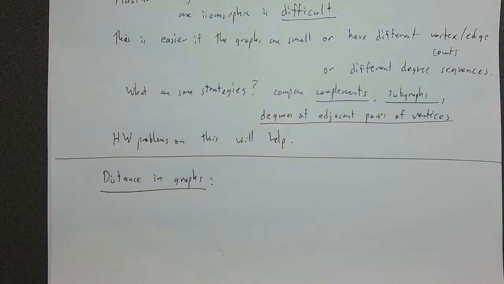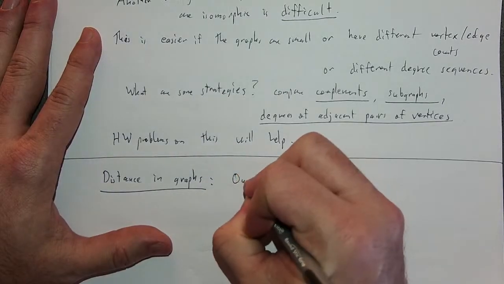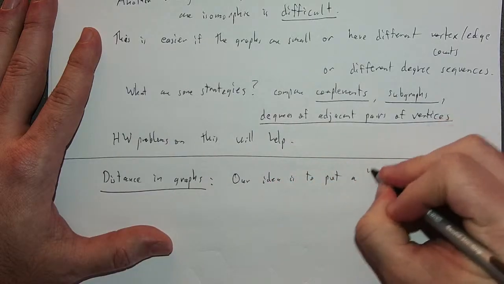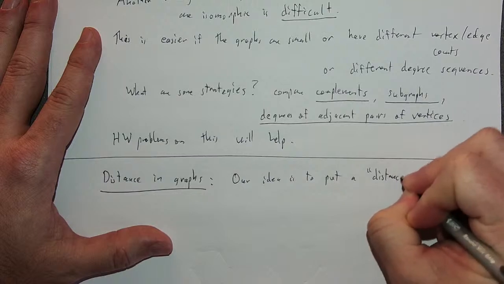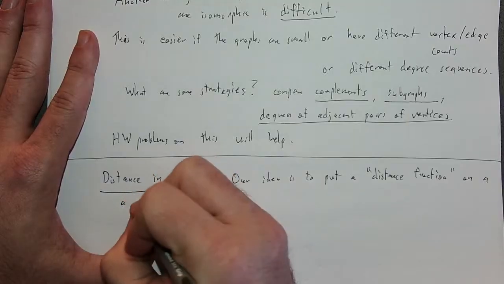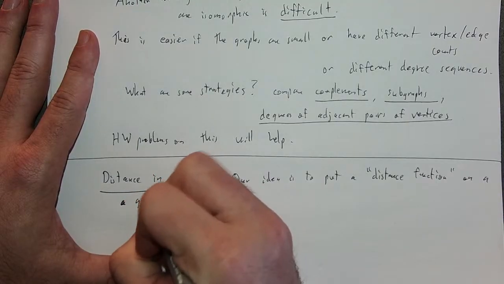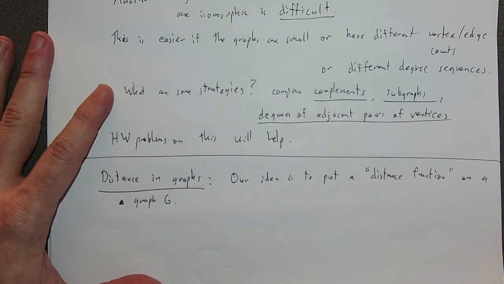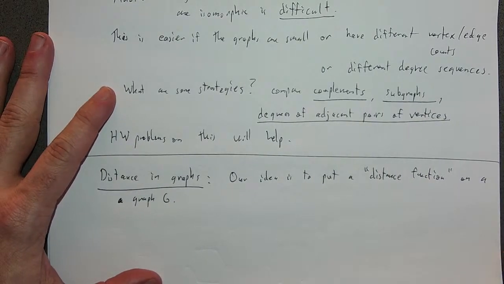Our idea is to put a distance function on a graph G. But hey, guess what? You have likely already seen what a distance function is. Someone in the chat tell me what's another name for a distance function, while I start writing what we want our distance function to satisfy.